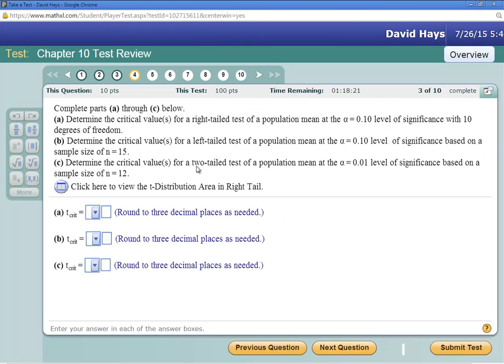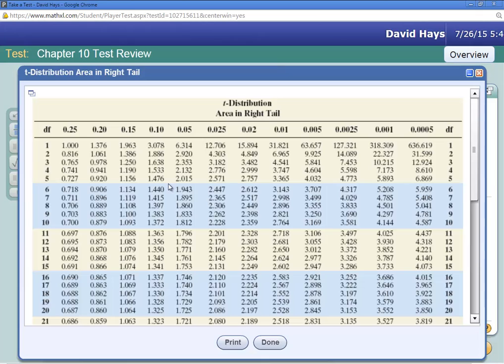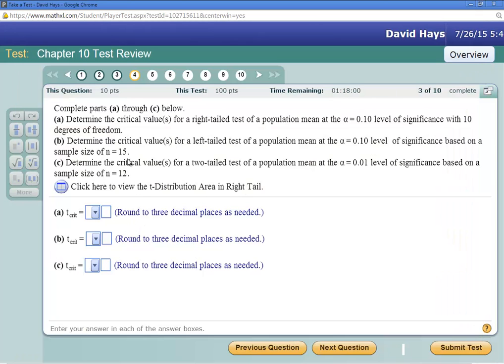Okay, critical values. Determine the critical value for a right-tailed test of a population mean at 10% level of significance. This table right there, okay, I was wondering how I was going to find it.